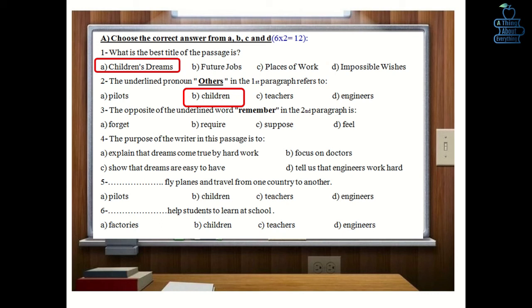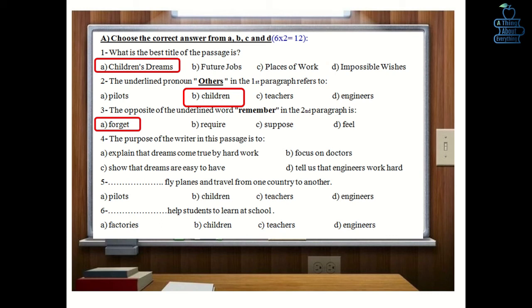The opposite of the underlined word, or the antonyms of the word remember in the second paragraph is: forget, require, suppose, feel. Most of the time, you don't need to go back. If you know the meaning of remember, you can easily find out that it is forget. This is the opposite of remember.